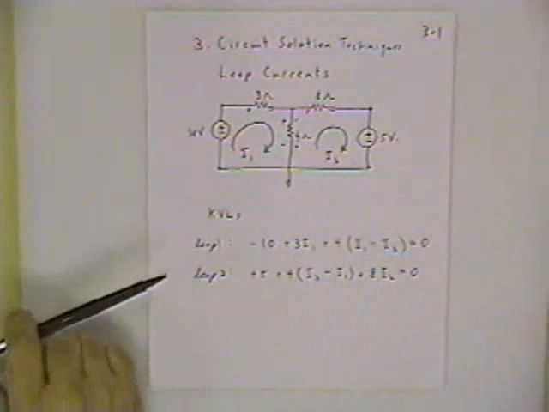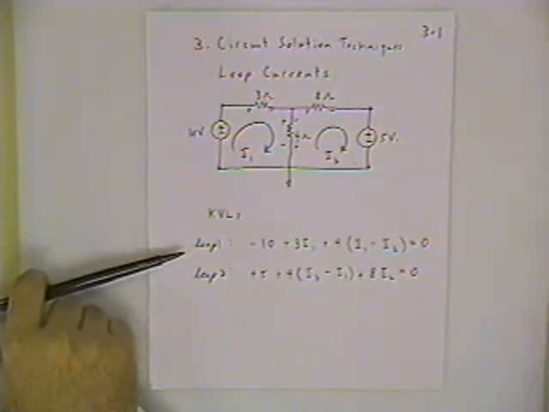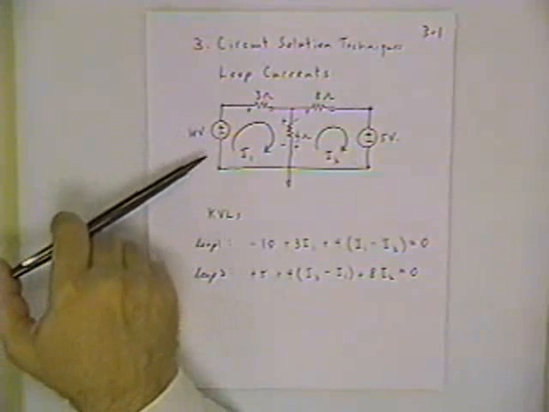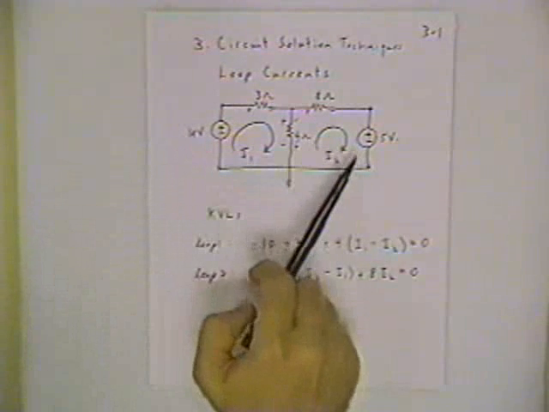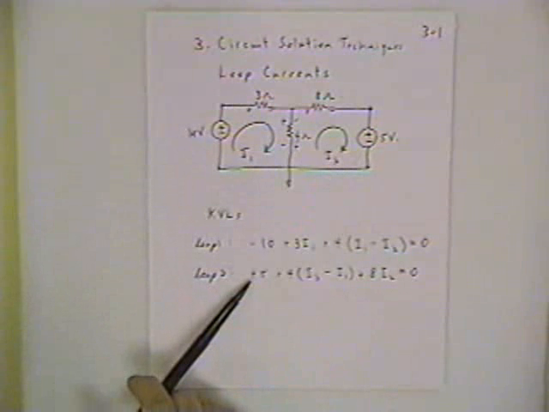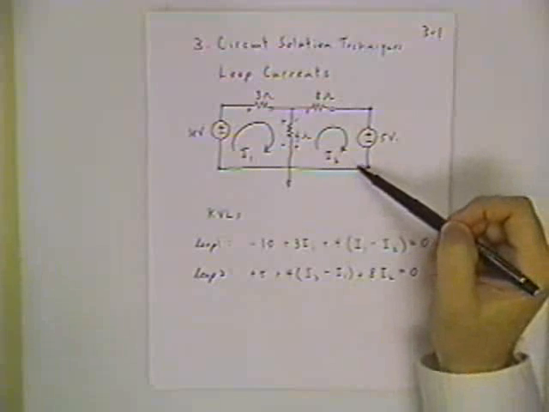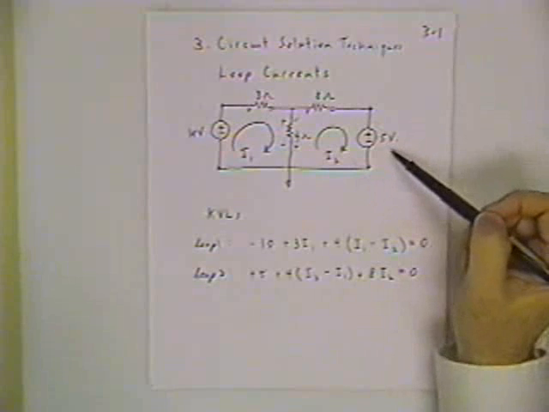Now I want to point out, using my polarity convention and writing down the KVLs, notice how the 10-volt source in the left-hand loop shows up in the equation with a minus sign. In the right-hand loop, the 5-volt source shows up with a positive sign. You shouldn't let that confuse you. In both cases, if I'm a positive charge going through this battery in the right direction, I'm going to gain 5 volts.